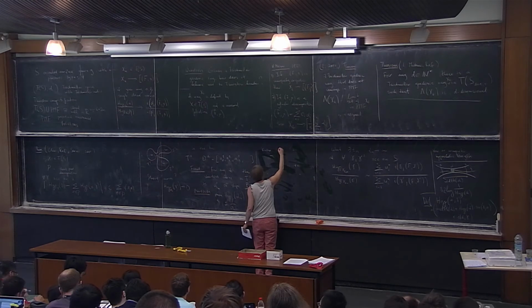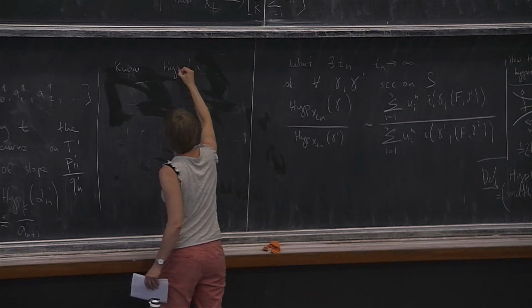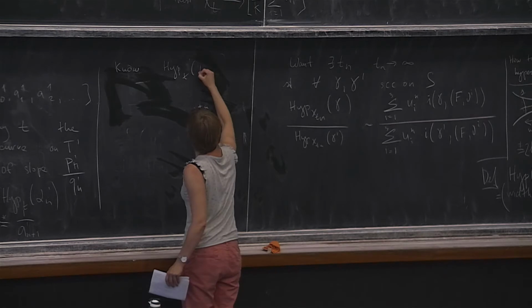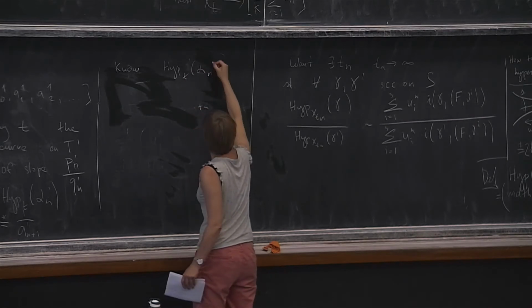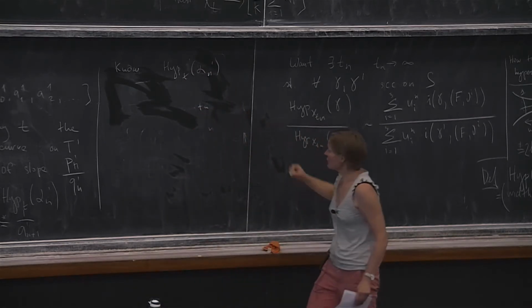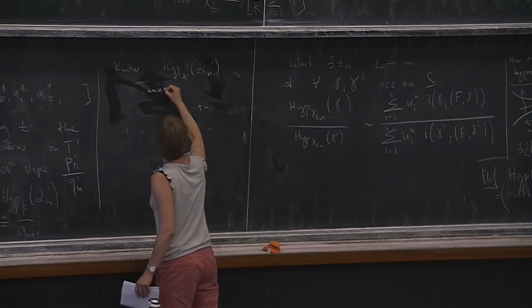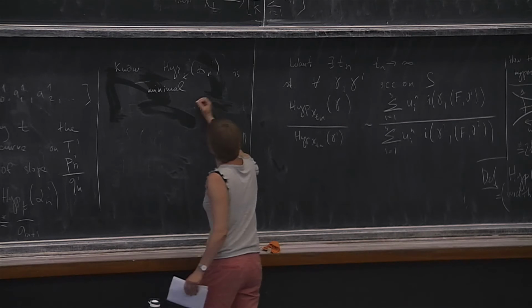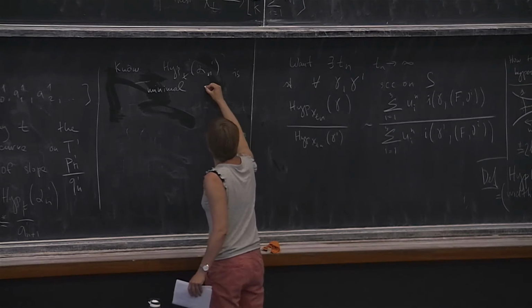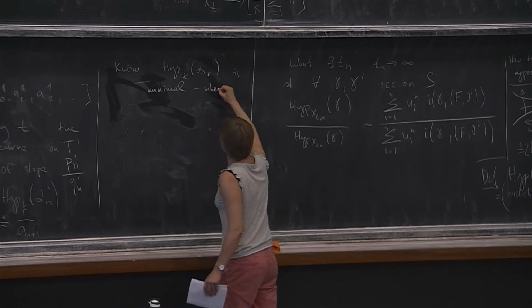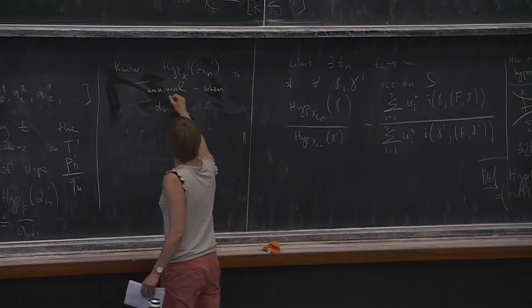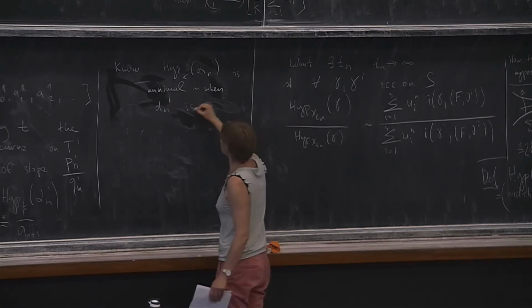We know that the hyperbolic length of such a curve is minimal roughly when that curve is balanced.